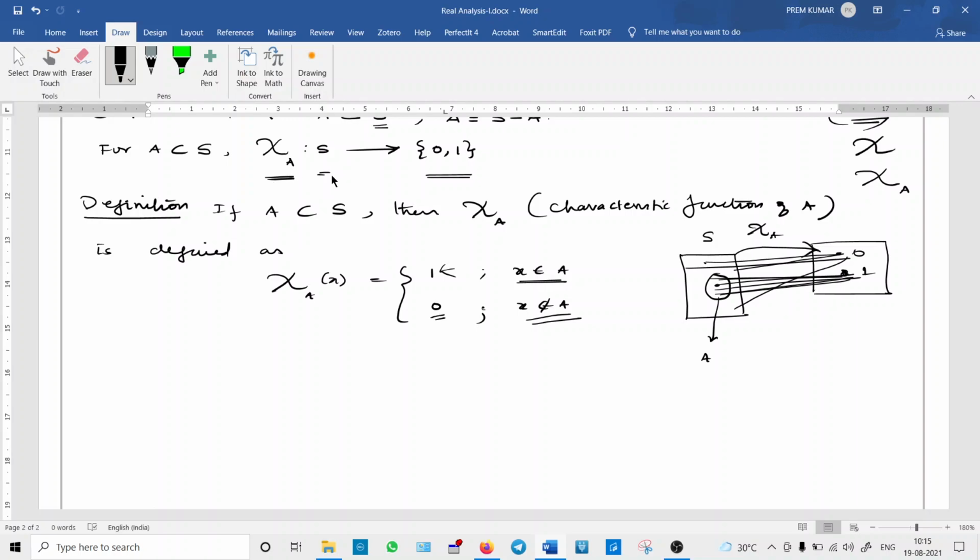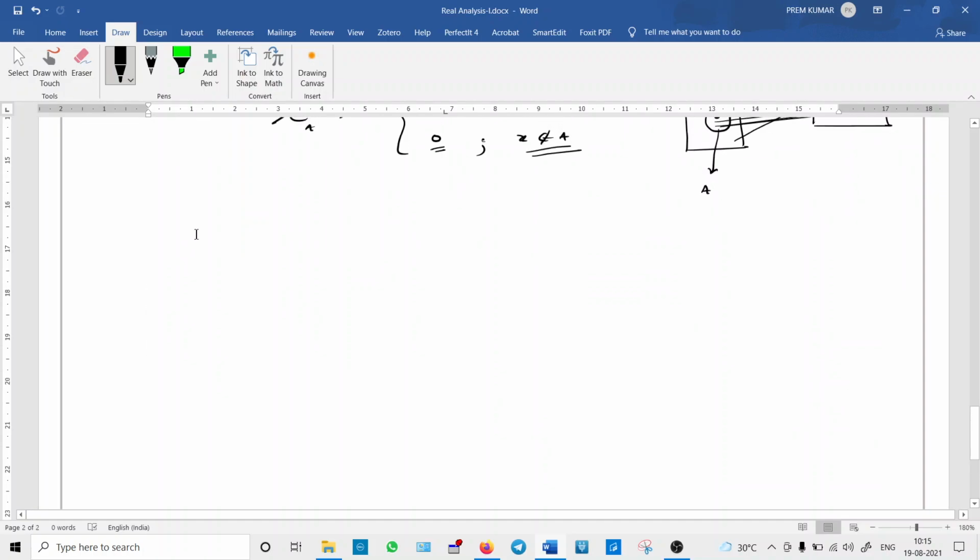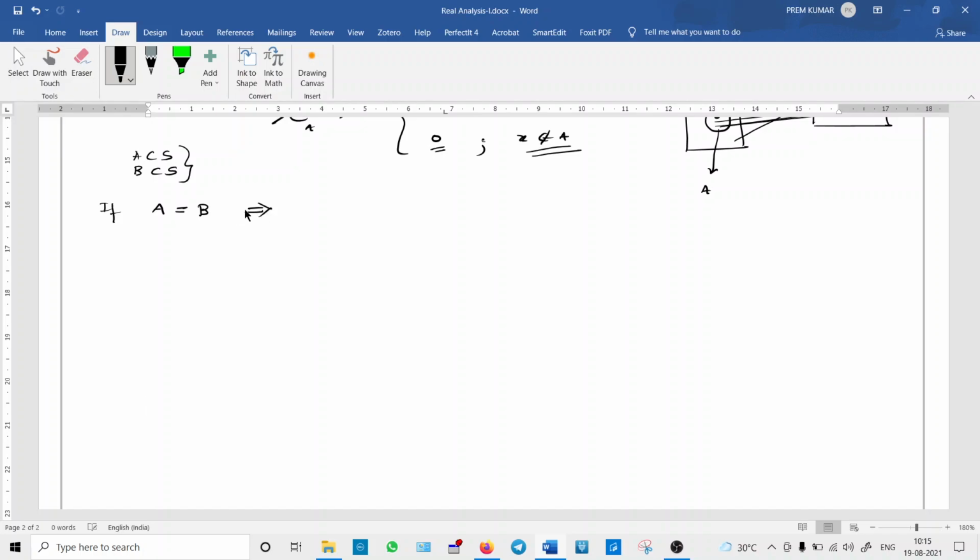Now we are going to see some more definitions on this characteristic function. Note that if A is a subset of S and B is also a subset of S, then A and B are equal if and only if the corresponding characteristic functions are also equal. Now some useful equations for characteristic functions.